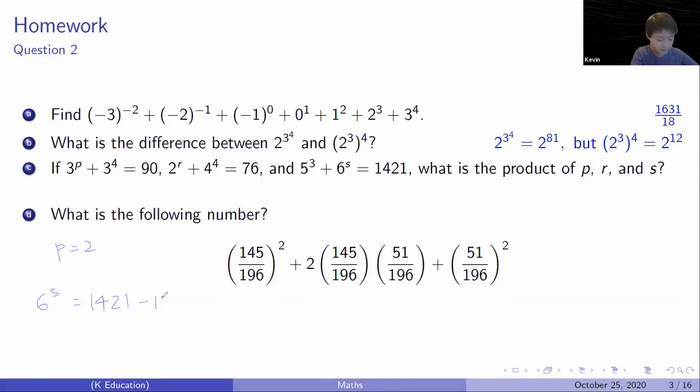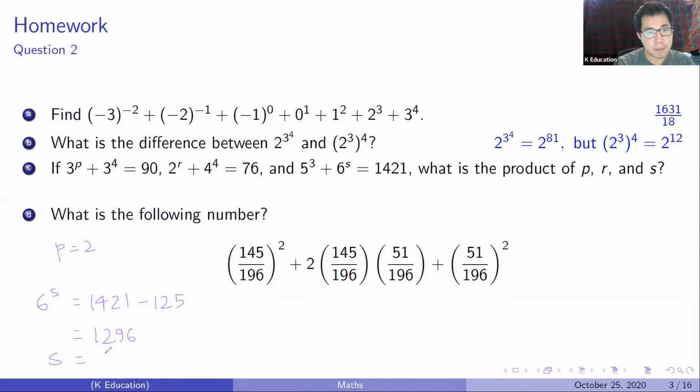So you subtract that, this becomes 1296, right? Yeah. Okay, and so S is equal to 5. You said 4. Okay, right.